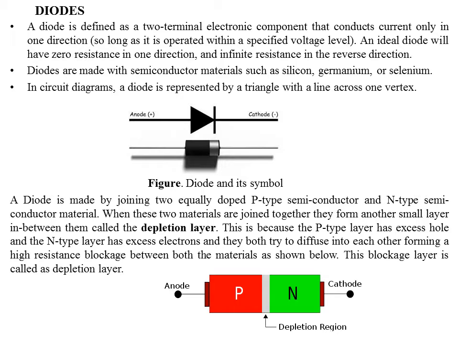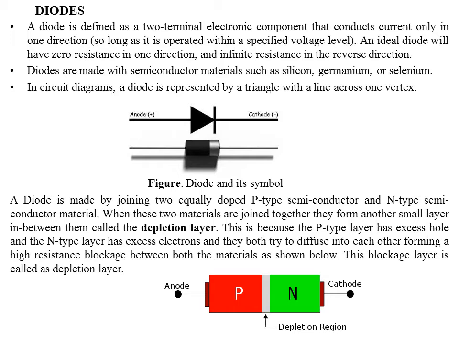These diodes are made up of semiconductor materials such as silicon, germanium or selenium. The figure shows the symbol of the diode. It has a triangle and a straight line, and the side towards the triangle indicates the positive terminal, that is the anode, and the opposite to it we have the cathode, or negative terminal.